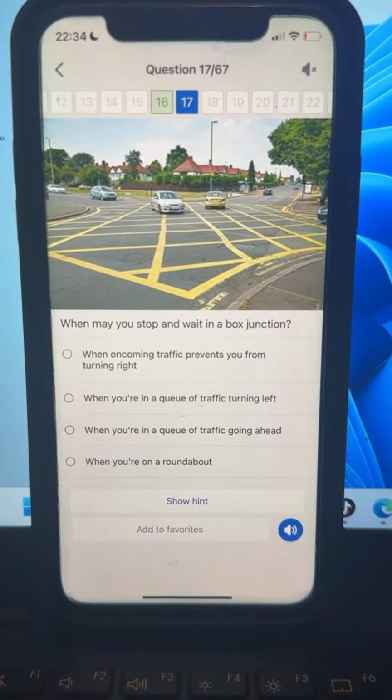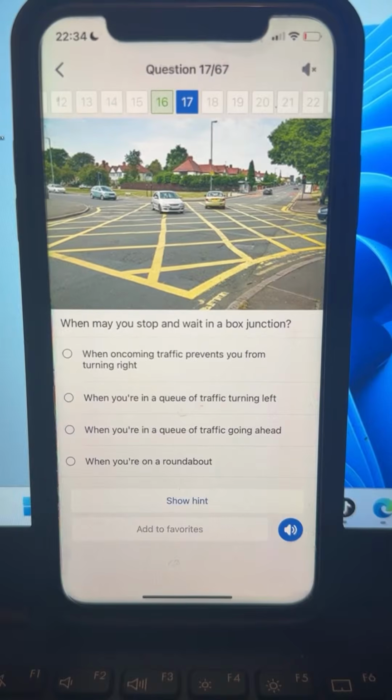Okay. You may stop and wait in a box junction if you want to turn right. You're just waiting for oncoming traffic to clear your way. When you are turning right, but the oncoming traffic is preventing you from doing that. Okay? A is the correct option.